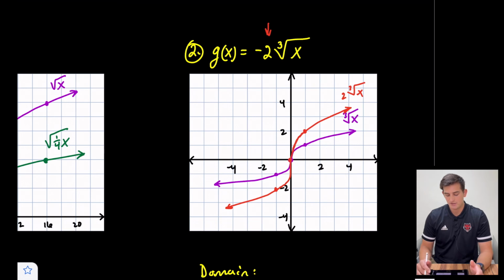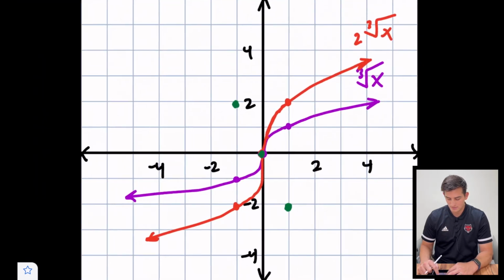Now we have this negative. We're going to be reflecting over the x-axis because we are making y opposite, essentially. That negative sign is not inside with the x; if it were, it would be a y-axis reflection. So this is an x-axis reflection. I'm going to take my point that was at (1, 2), and it's going to move down to (1, -2). (-1, -2) will move to (-1, 2), but my origin point is still there.